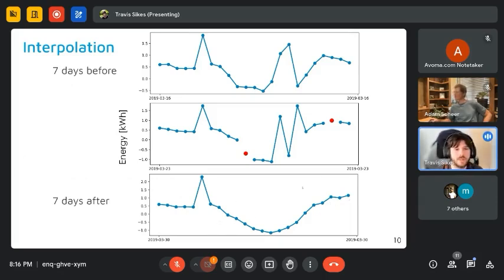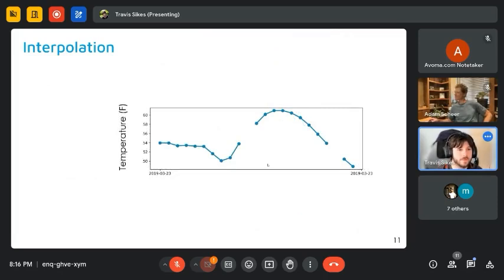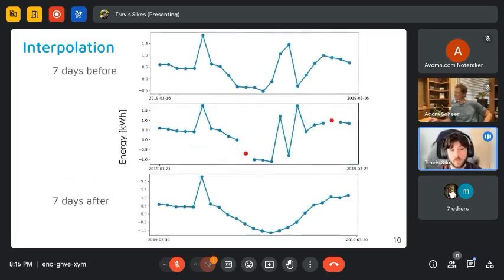So if we use this plus data that I'm not showing from the day before and the day after, we can interpolate these red points right here. And this is, as you can see, a bit more than just a direct time series interpolation. This one has a bit of a rise in it, and this one has more of a curve to it as opposed to a straight linear function.